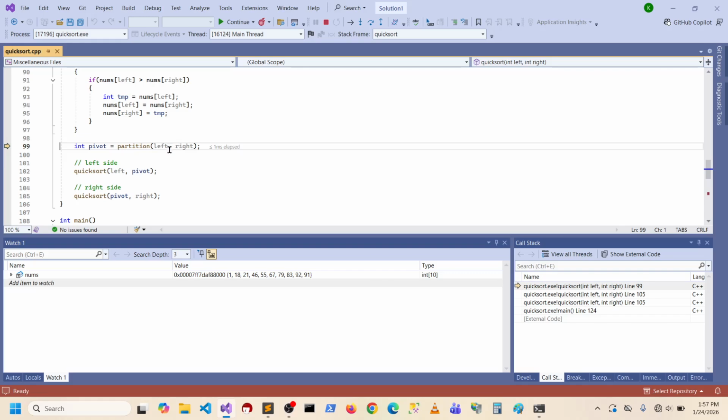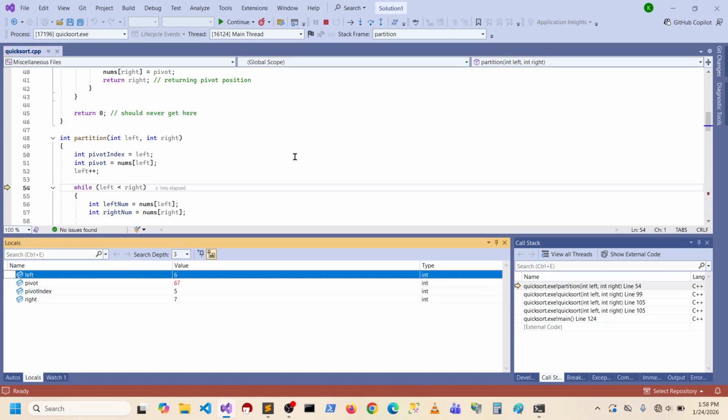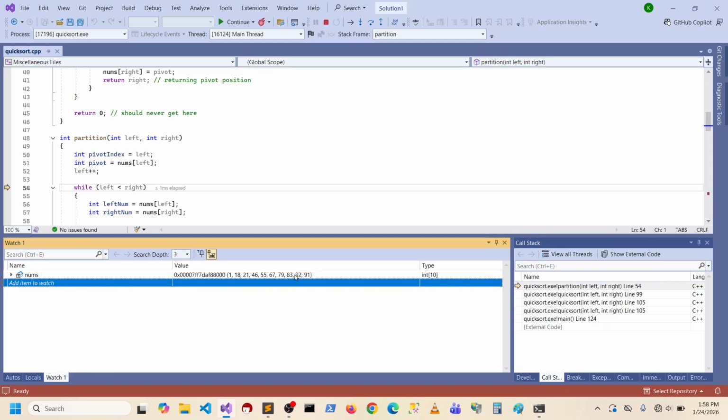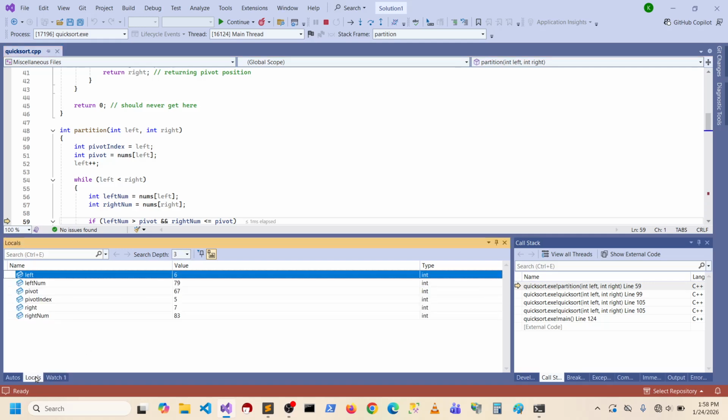Partition left and right. 5 and 7. Now pivot is 67. So 79 and 83. Neither one of those needs to be swapped either. 79, 83, both of them are above the pivot.